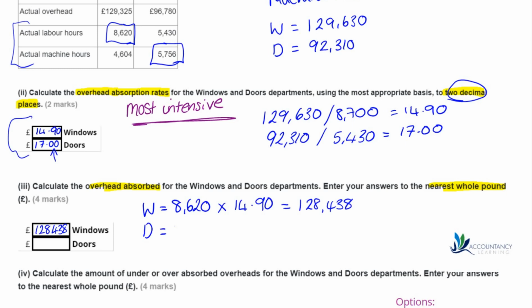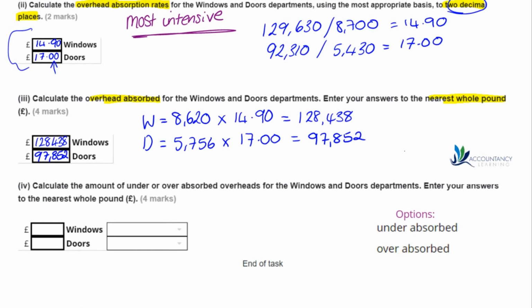And our doors will be the 5,756 hours multiplied by the £17, which is £97,852. So that's the actual overheads that have already been absorbed.